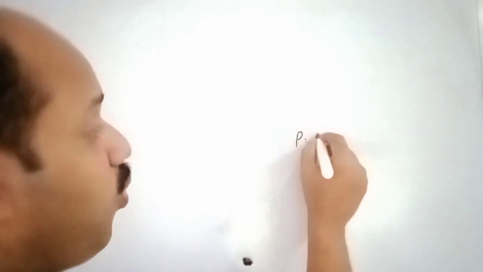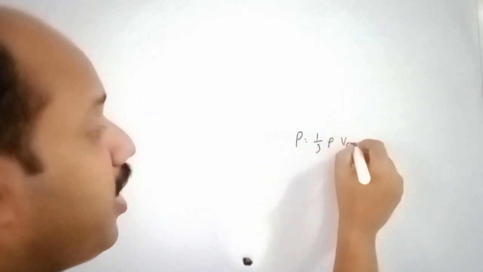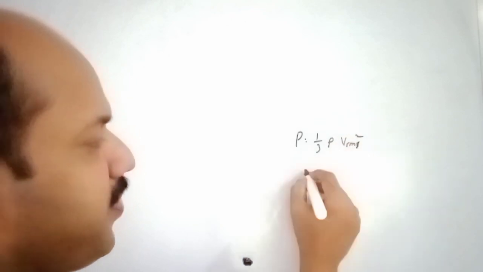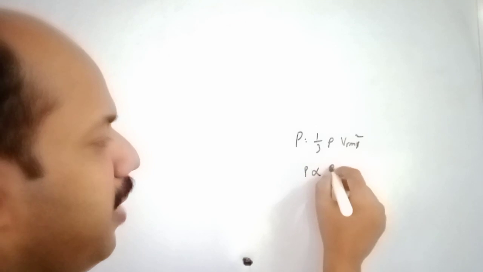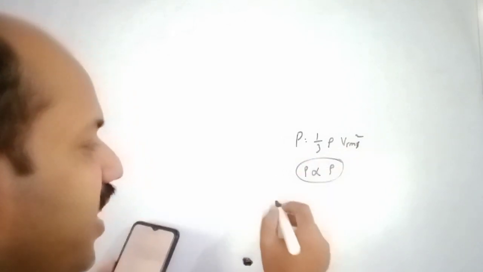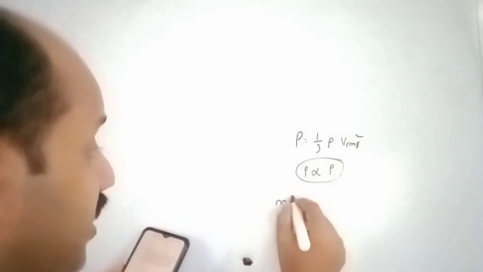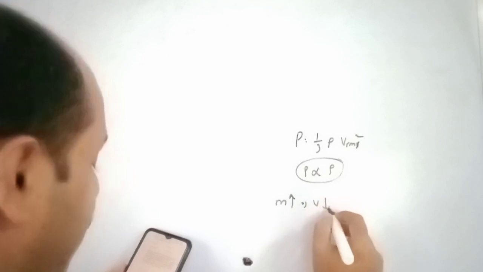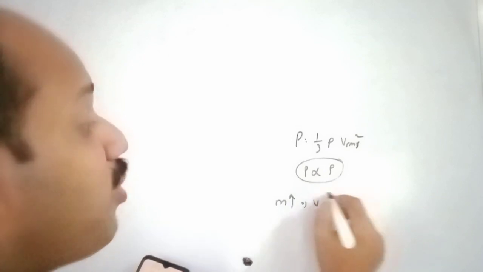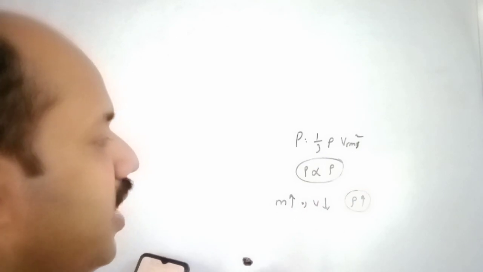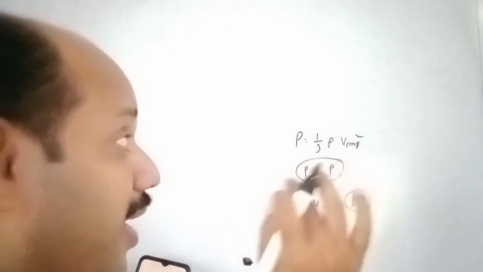In this case, we know that P is equal to 1 by 3 rho Vrms square, and Vrms square is proportional to temperature. So for a given temperature, P is proportional to rho. Here the mass of the gas is doubled and the volume is half, that means density increases, therefore pressure should be more for a given temperature.